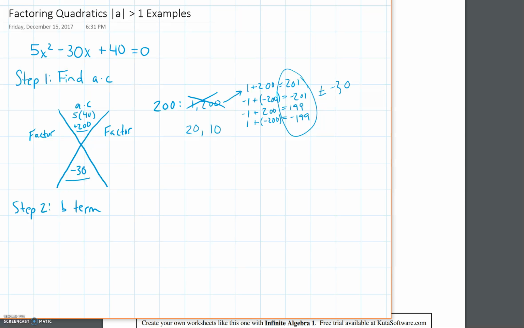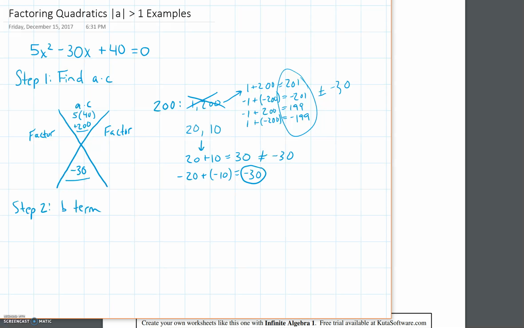Now we look at this pair, 20 and 10. Well, if you take 20 plus 10, that's nice. It gives us 30, but that doesn't equal negative 30. So let's think about some signs. It doesn't take too long to see that negative 20 plus a negative 10 will give us a negative 30. That's exactly what we want.